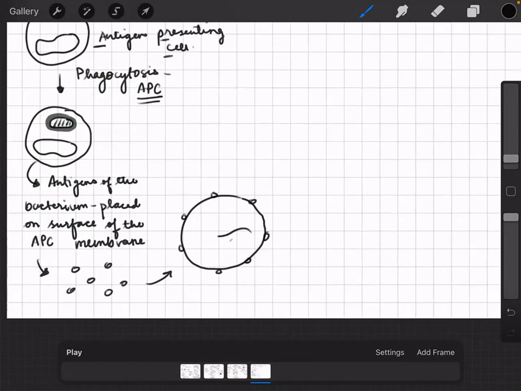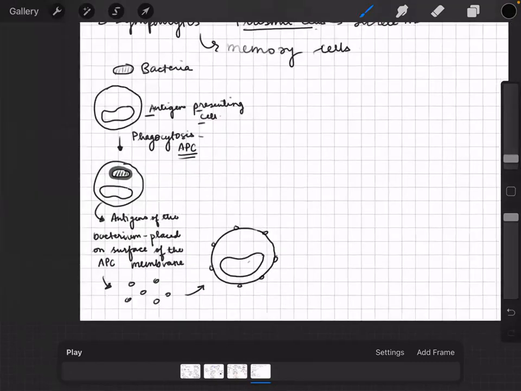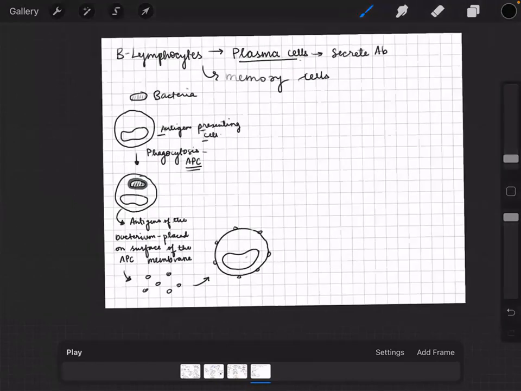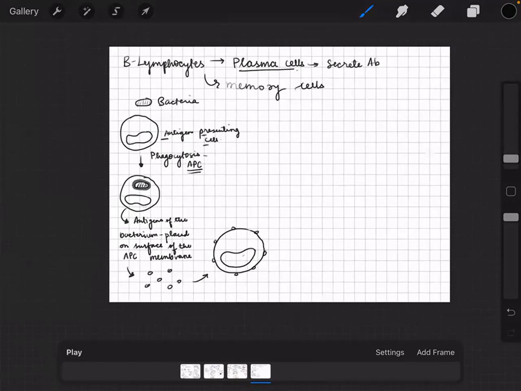This antigen presenting cell has just, in order to save your body, sacrificed itself, because as soon as these antigens are present on the surface of this cell, your immune system is going to identify this particular pathogen or this particular cell as a threat to its body.